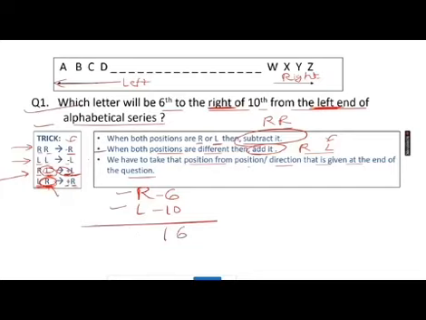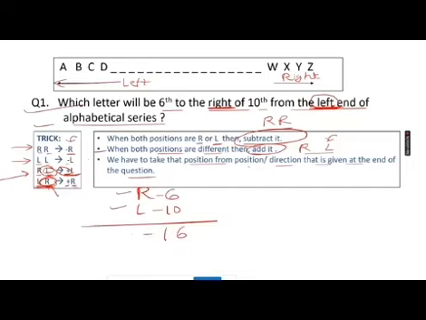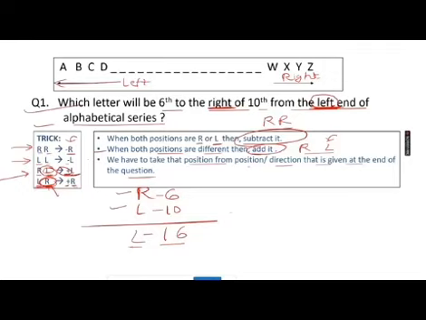And in this case, the last direction given to you is left, so your answer will be according to the left. Last left 16th, so left 16th will be P. So our answer will be P.